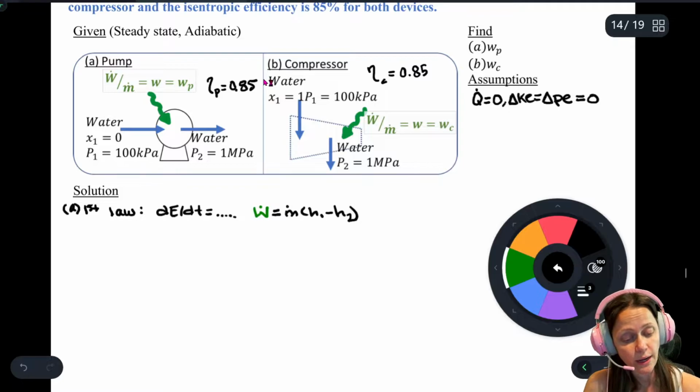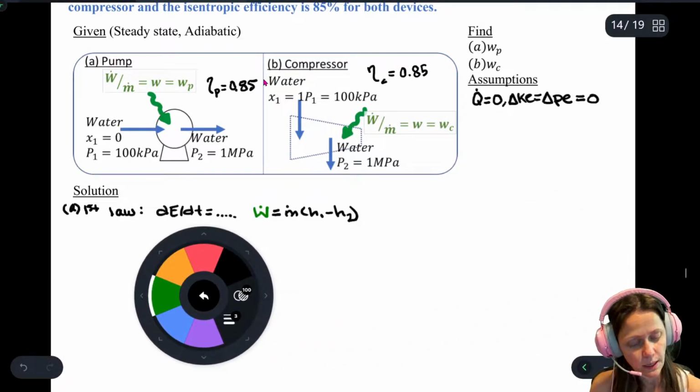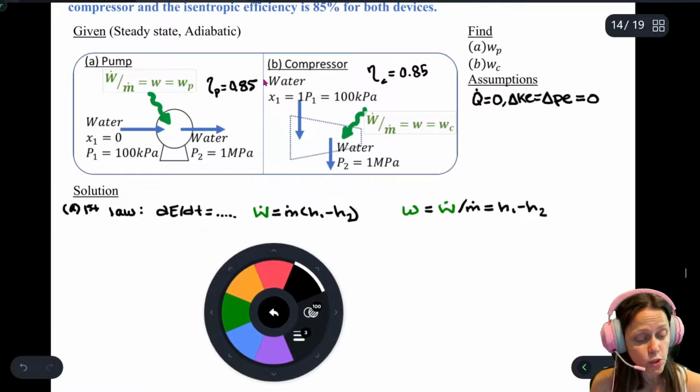And of course, I want little w, which is equal to W dot divided by m dot, and that's going to be h1 minus h2.